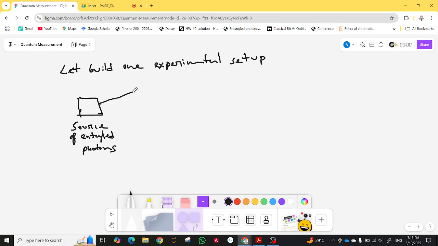From here two photons are coming. These two are entangled. This is photon 1 and photon 2. These two are entangled. And you have a detector here.